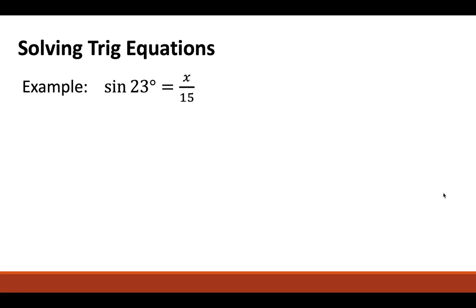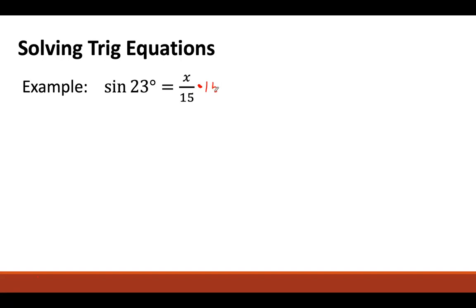Let's look at this first equation. We have sine of 23 degrees is equal to x divided by 15. We want to get x by itself. So the first step you need to do is multiply both sides by 15.